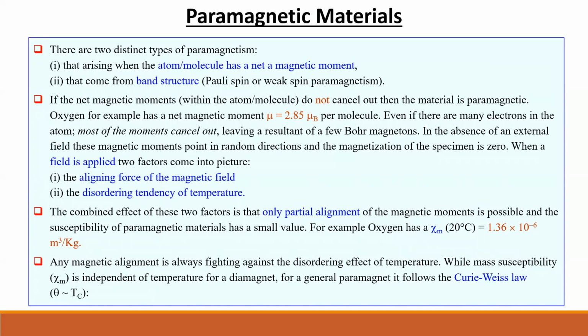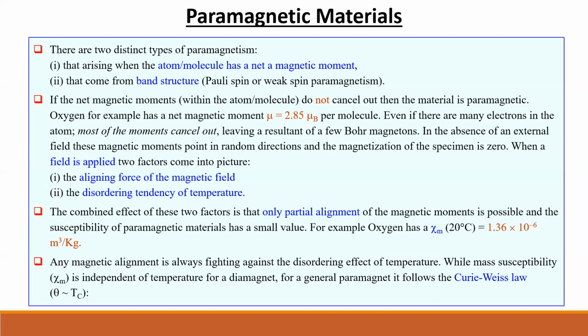Oxygen, for example, has a net magnetic moment mu of the order of 2.85 Bohr magnetons per molecule. Even if there are many electrons in the atom, most of the moments cancel out, leaving a resultant of a few Bohr magnetons. In the absence of an external field, these magnetic moments point in random directions and the magnetization of the specimen is zero.